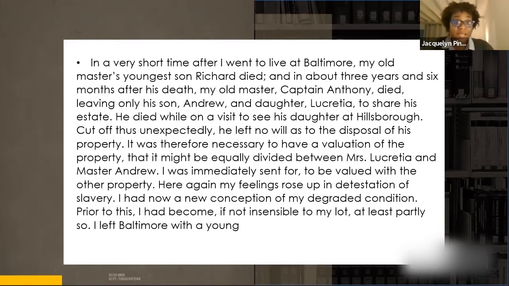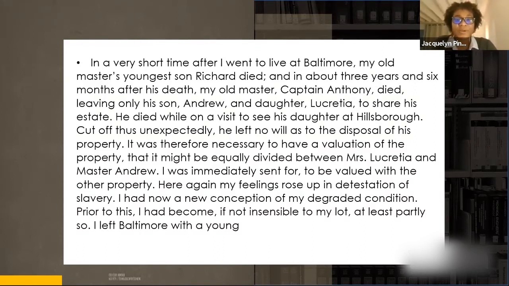"He died while on a visit to see his daughter at Hillsborough. Cut off thus unexpectedly, he left no will as to the disposal of his property." That can be problematic. When there's no will, right? There can be fights sometimes about who gets what.